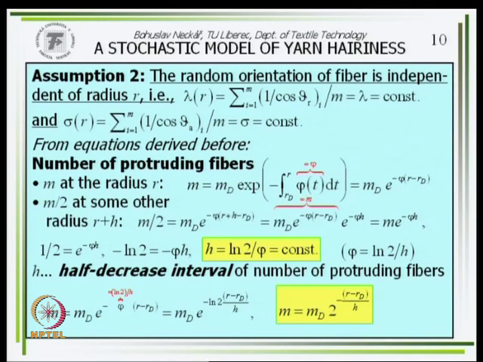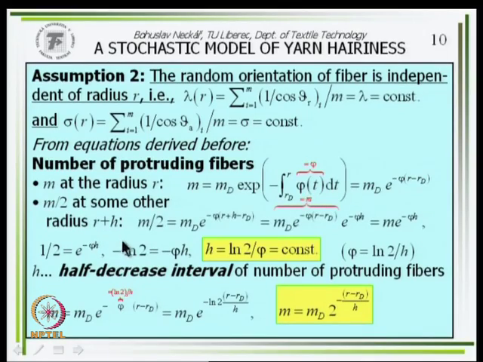On some general radius r, the number of protruding fibers is m. In another higher radius, the number of protruding fibers is only 1/2 of the earlier quantity m.